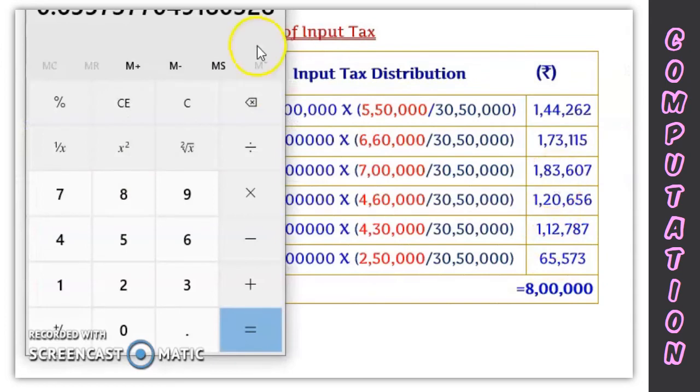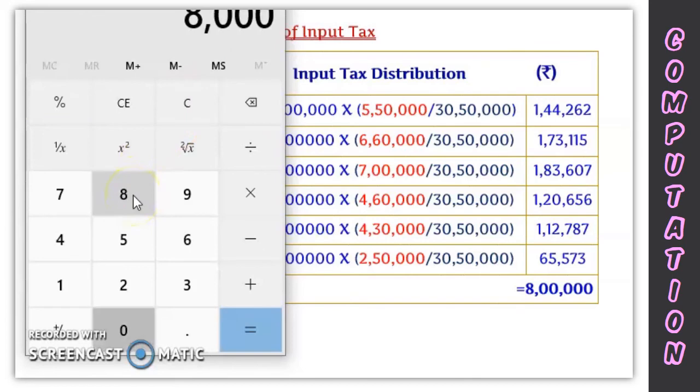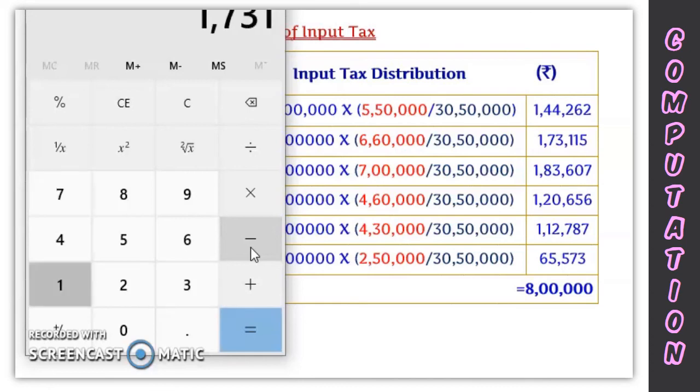So what I'll do, from 8 lakh I have to deduct the distributed amounts, right? So 8 lakh minus first case 1,44,262, minus 1,73,115, minus 1,83,607, minus 1,20,656, minus 1,12,787.